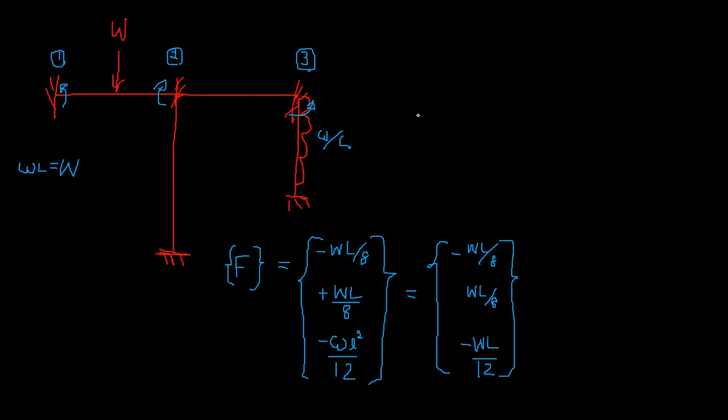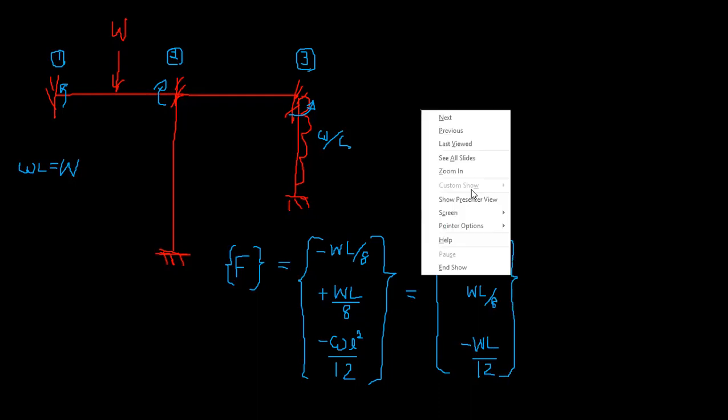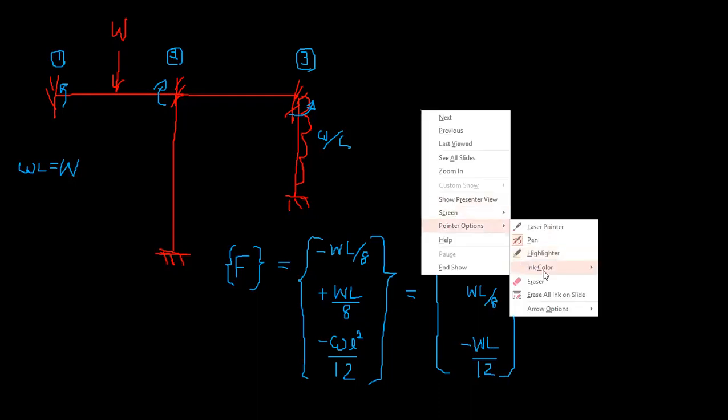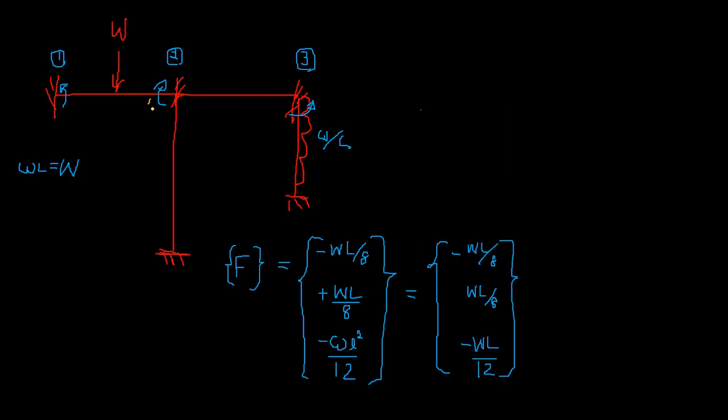So the first step was done, forces okay. So I need to find the actions. So my actions are, here it's 1, here it's 2. So for the forces, we consider each joint, right? Each joint. So the overall bending moment here, okay?